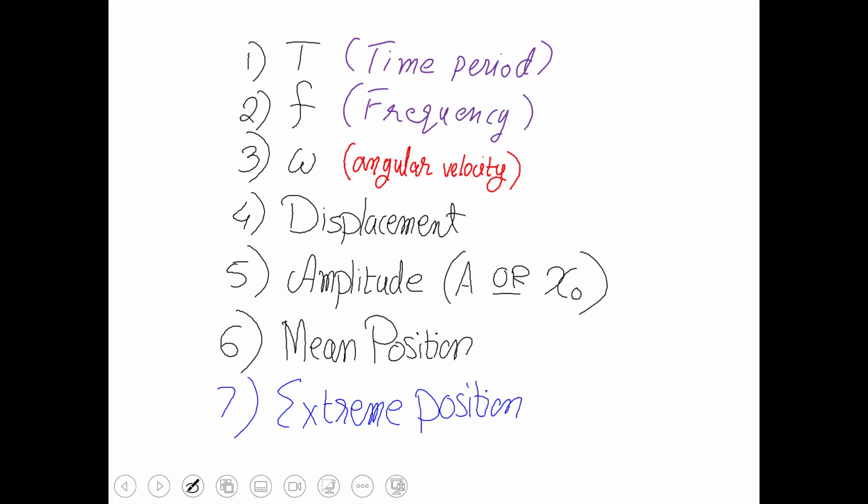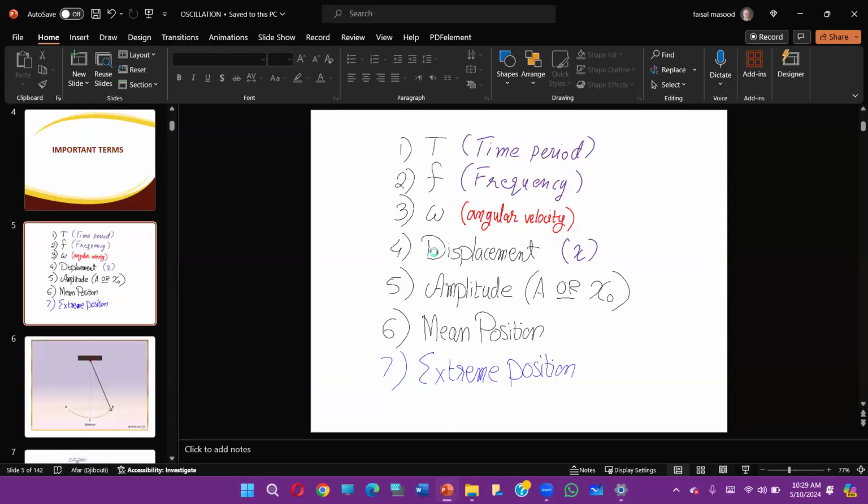Omega is angular velocity. Then we have displacement, and displacement is x. We have the mean position and we have the extreme position. These are the important terms of this chapter.